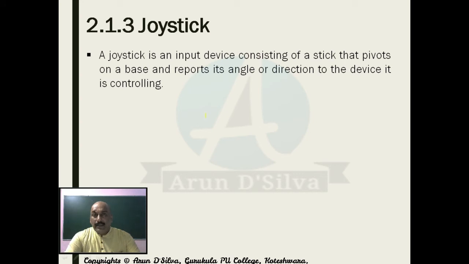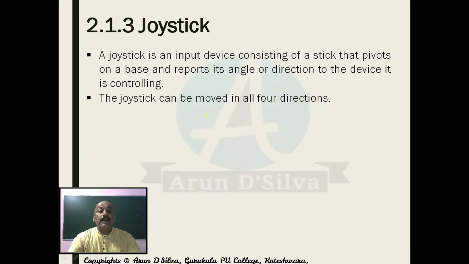A joystick is an input device consisting of a stick that pivots on a base and reports its angle or direction to the device it is controlling. So again it is input. As you rotate the stick in the middle, the angle you are generating will be given as an input.